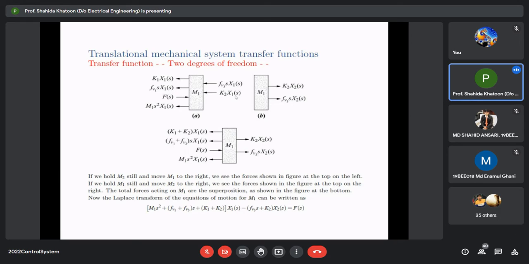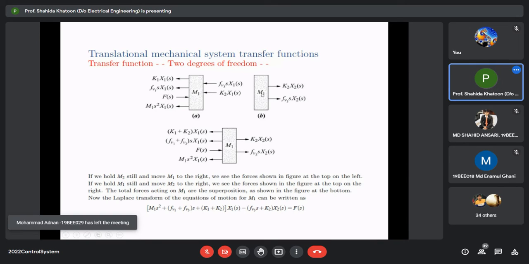Basically M1 is being pulled in this direction by K2X2 and Fv3sX2. So this is the total force acting on M1.